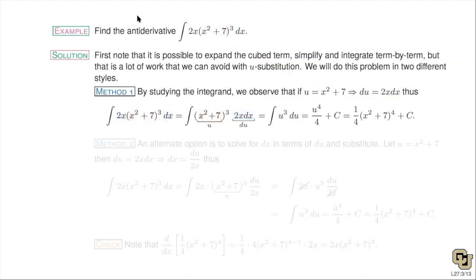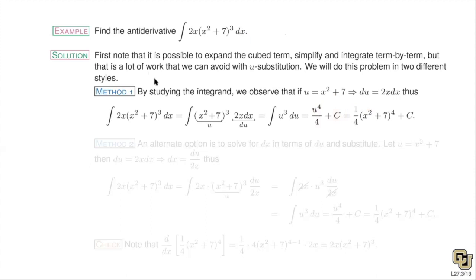Now we can use the power rule for antiderivatives: u to the 3 plus 1 divided by 3 plus 1, plus c. Finally, because the original problem was given to us in the x variable, I want my answer to be in the x variable. So I plug in x squared plus 7 for u.